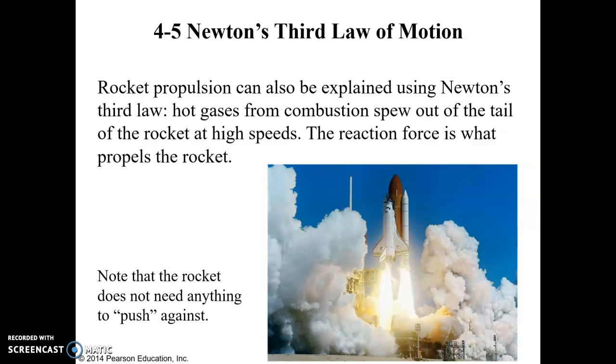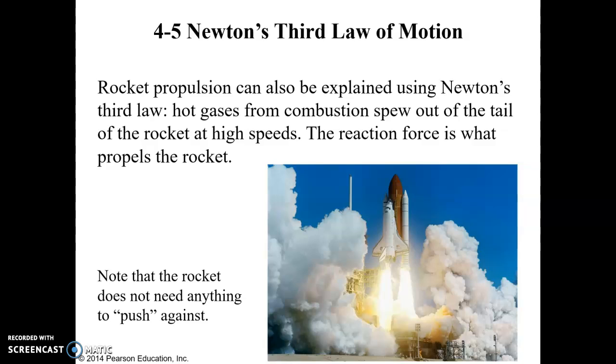An interesting misconception about rockets taking off is that when a rocket takes off, its exhaust is pushing against the ground, which is what is launching it into the air. And that is not true. The ground doesn't need to be there. The rocket is not pushing against the ground.